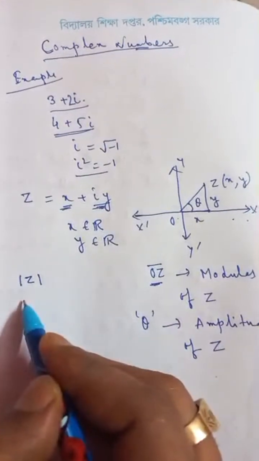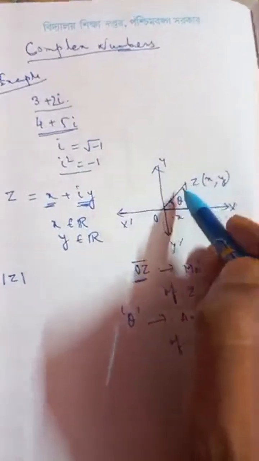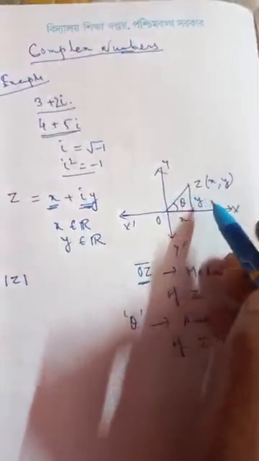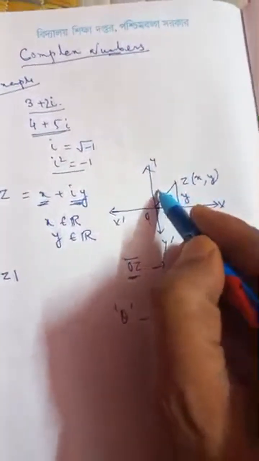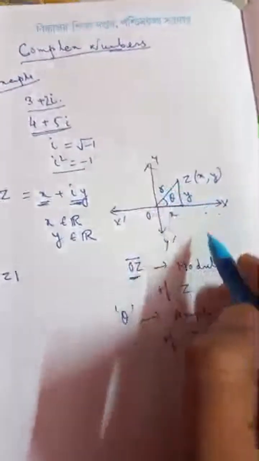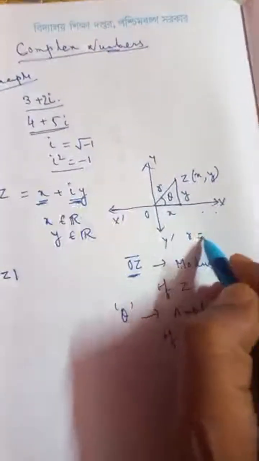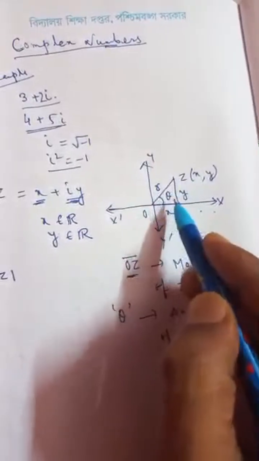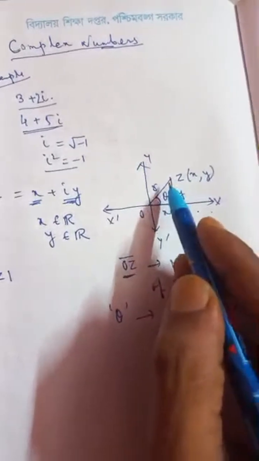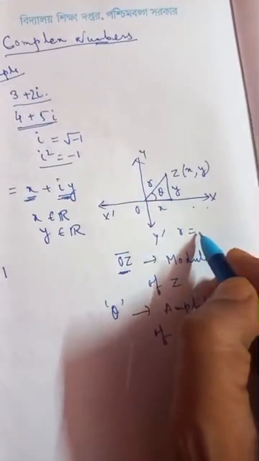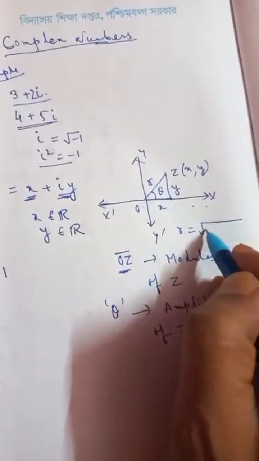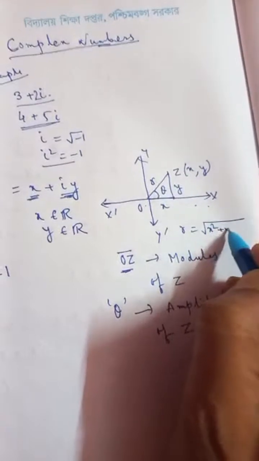If we take this as a right triangle and the distance is r, then by the Pythagorean theorem, r is equal to under root over x square plus y square.